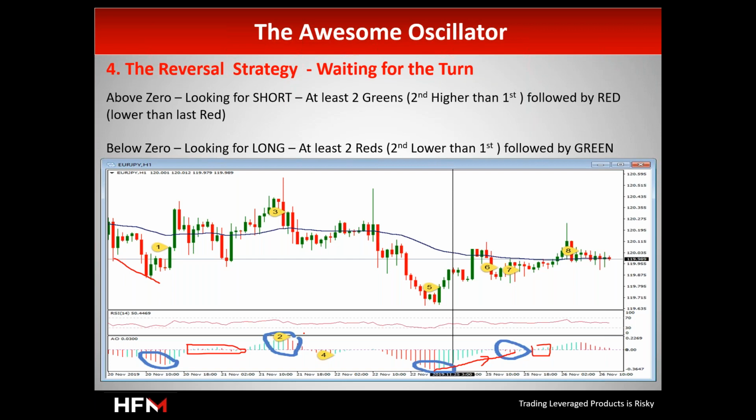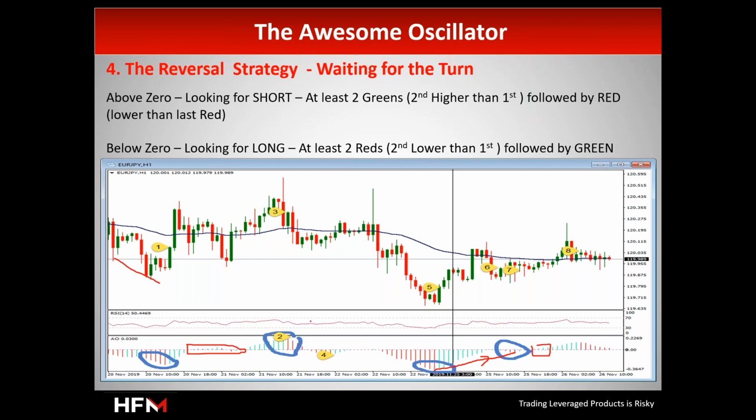From bearish, from below zero, it turned into above zero. It peaked over here and then started declining. So it is above zero, but it started declining. That is a period in which we should check whether we could go short.